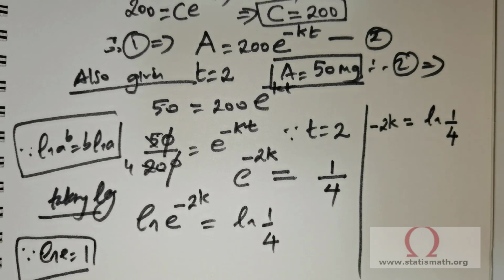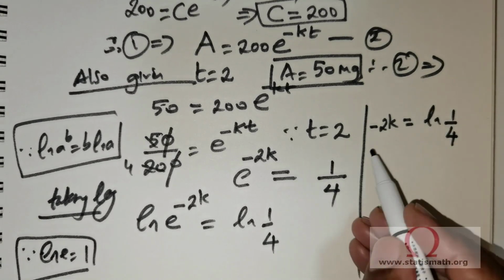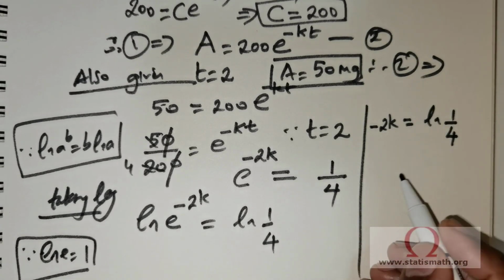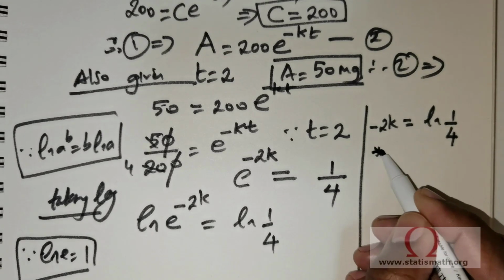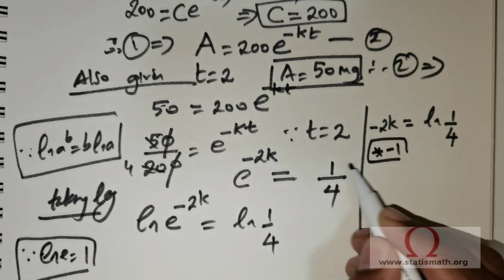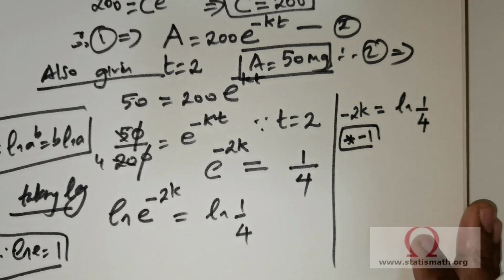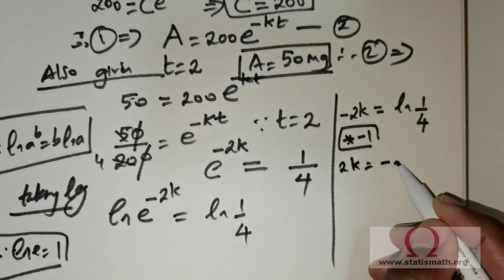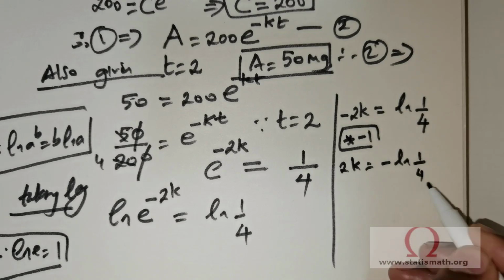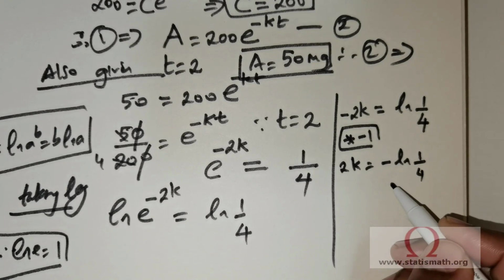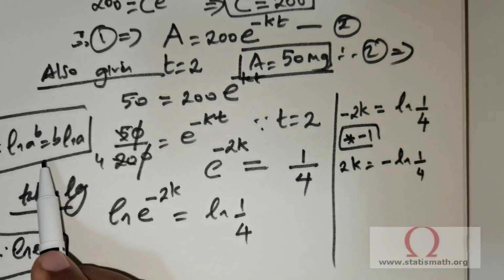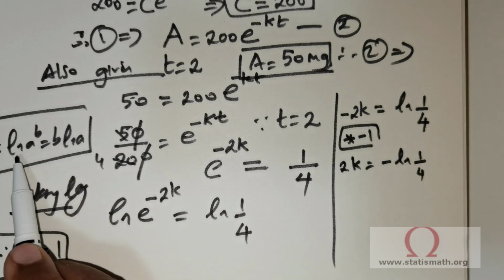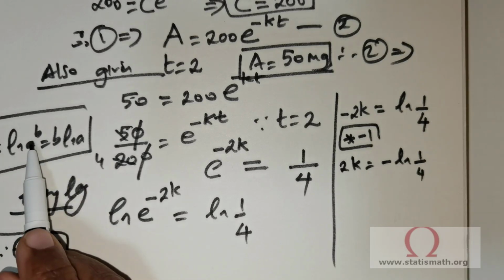Now, but I need to get the value of just k. So that can be easily obtained in the following way. I don't want this negative sign here. So what I'm going to do, I'm going to be multiplying by negative 1 both sides. So when I multiply by negative 1, this is going to be positive 2 times k is equal to negative ln of 1 over 4. This is actually a negative 1, right? Now I can use this formula. See, b times ln a can be rewritten as ln a raised to the power b.